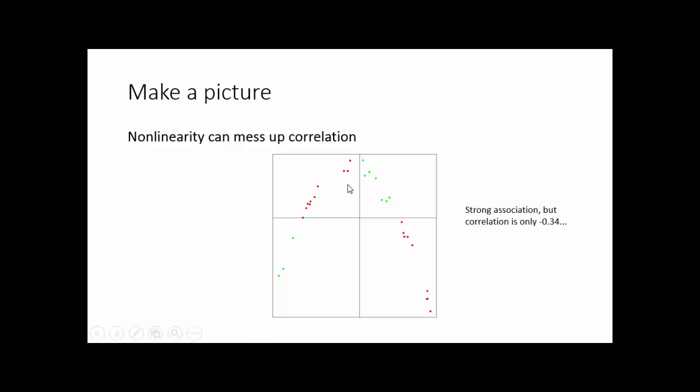So something is going wrong, and the answer is it's because it's nonlinear. You get this bend through this, and you get a lot of offsetting things, because you got the reds and the greens up here competing and the reds and the greens down here competing, and it just happens to be a very small correlation. Just to be clear, I shouldn't have computed a correlation at all for this picture.